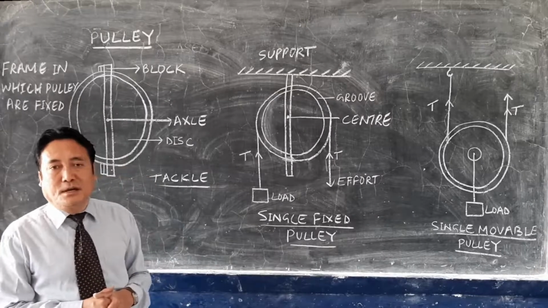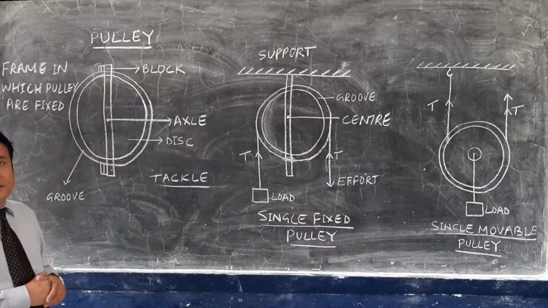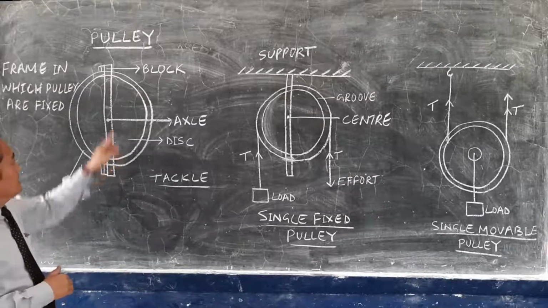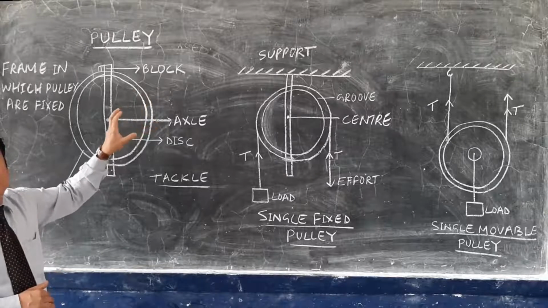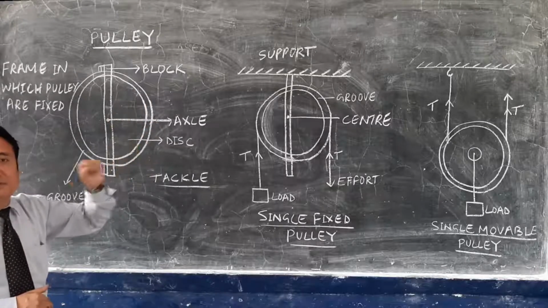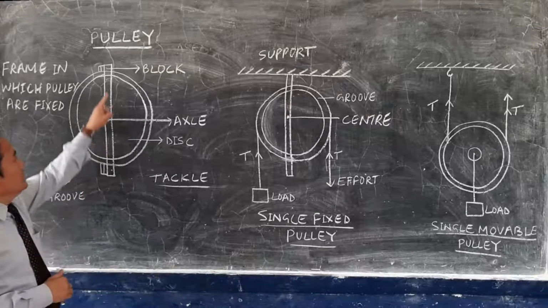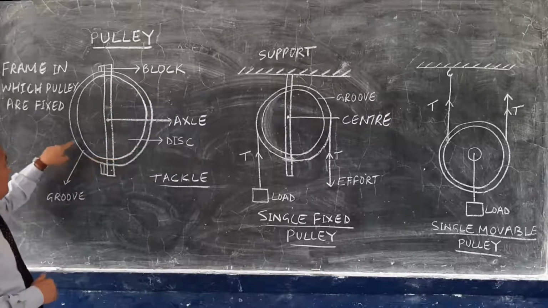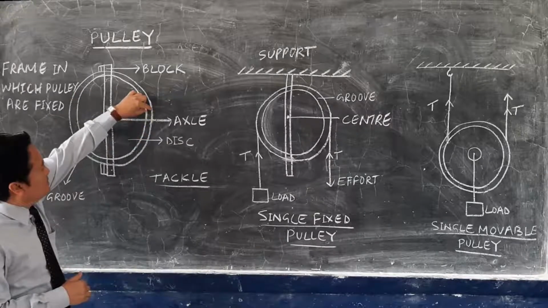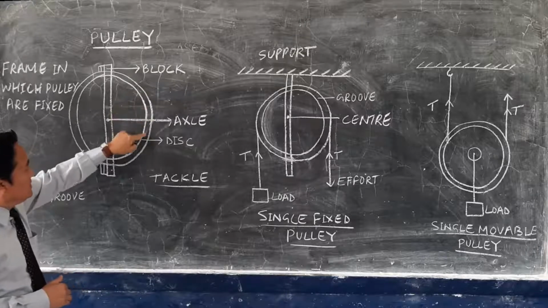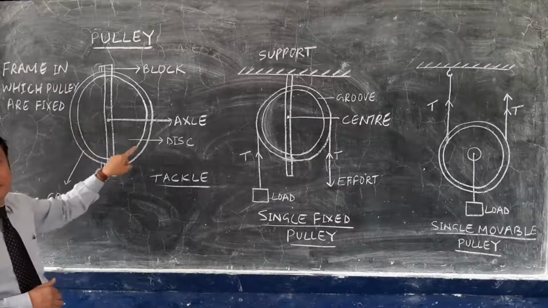When we come to the definition of a pulley, a pulley is a circular metallic or wooden disc. It is a circular disc made up of either metal or wood, and having a groove along its rim. The rim means this portion, and around this rim there is a groove, and through that groove the string or the rope passes.